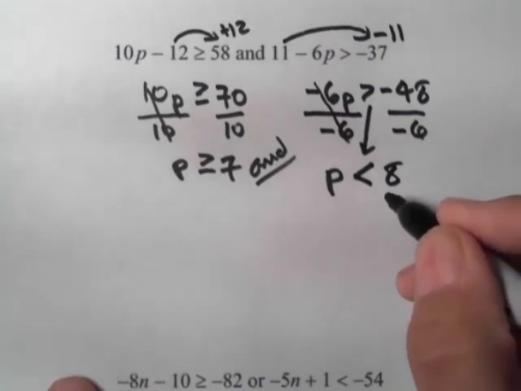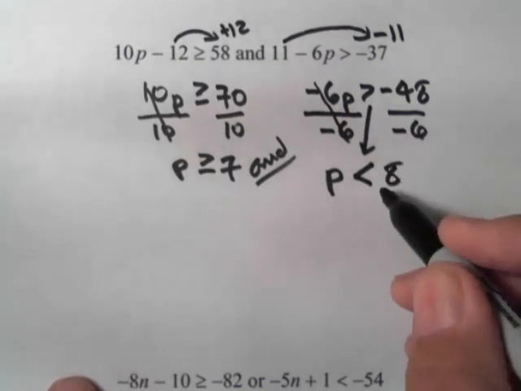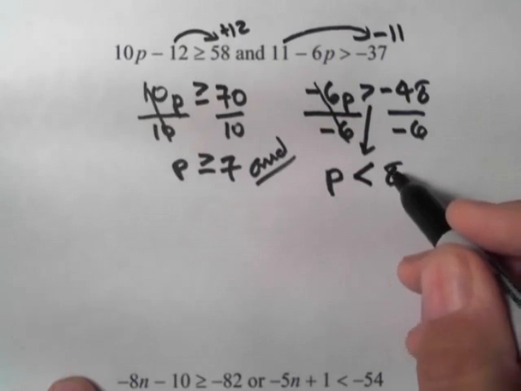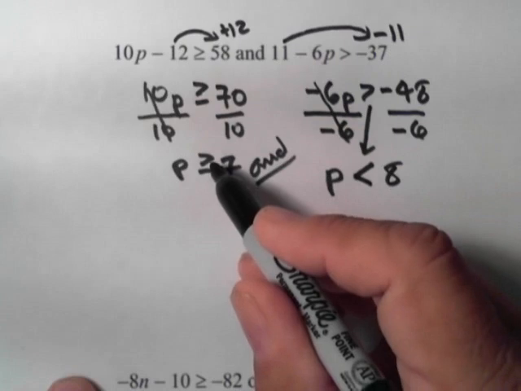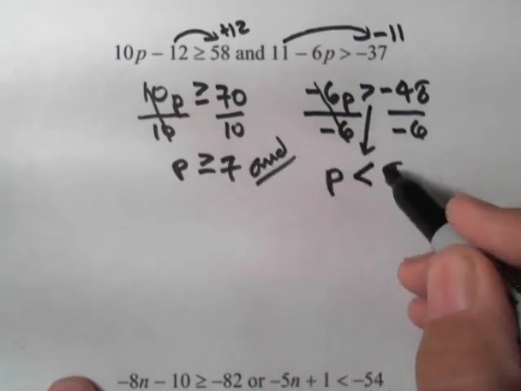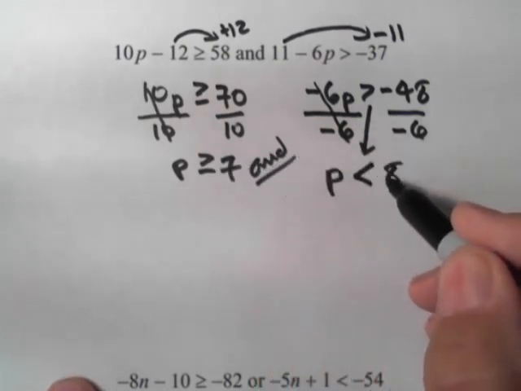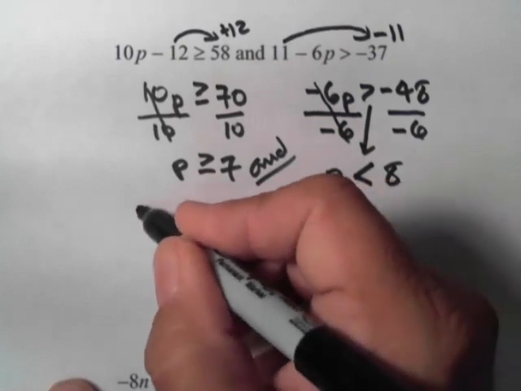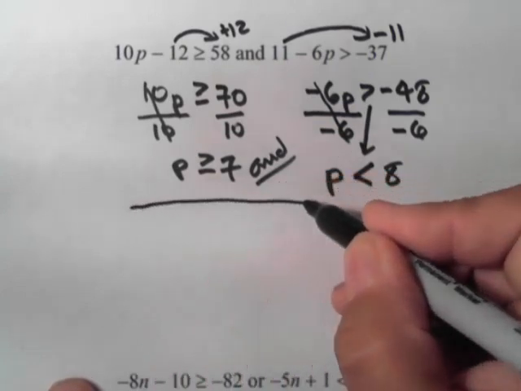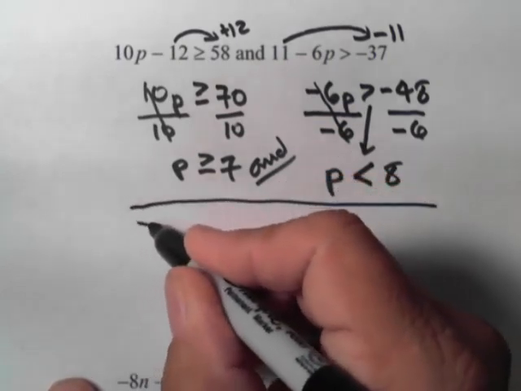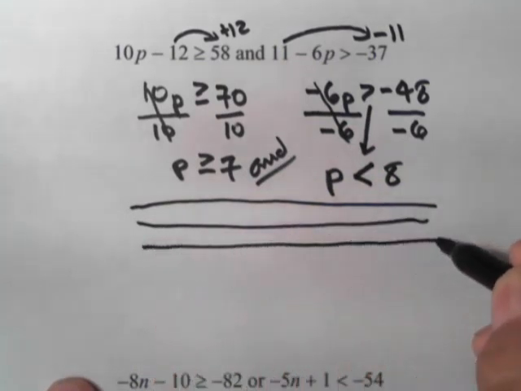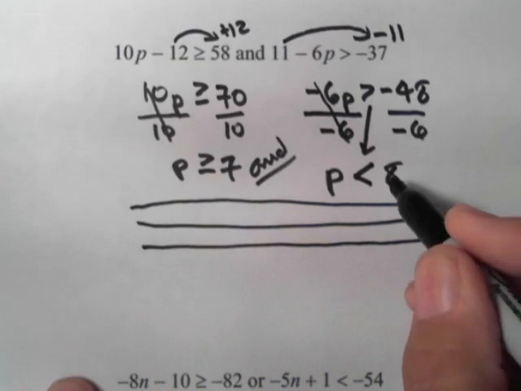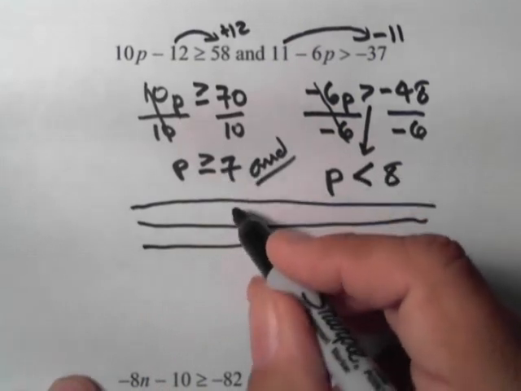Okay, now, here's the interesting thing on this one here. We've got p greater than or equal to 7 and p less than or equal to 8. Well, once again, what I'm going to do is draw the number line, and not doing a very good job making nice even lines here, but here are the boundaries.